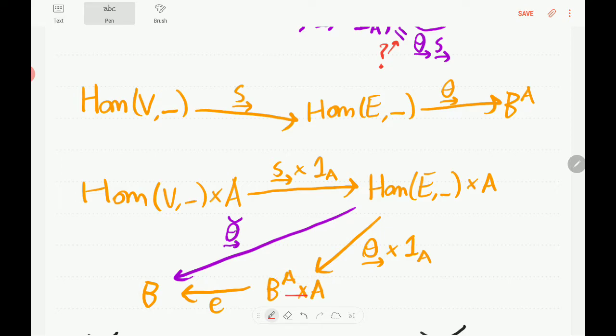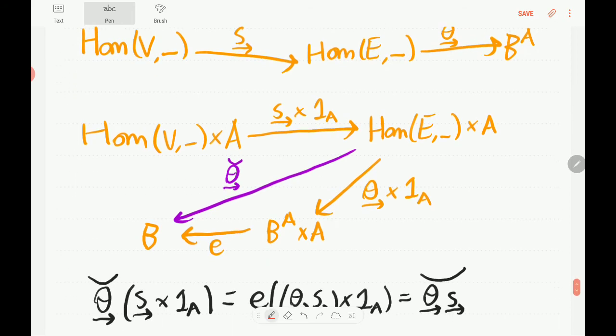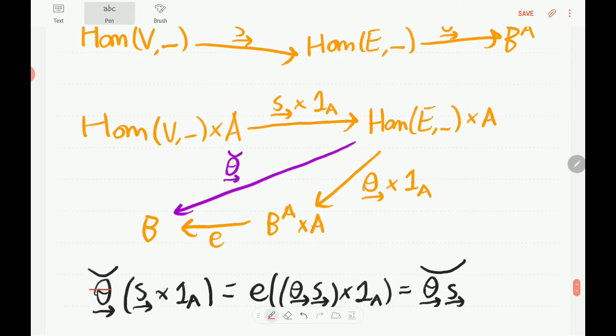Now let's do an evaluation arrow after that, because it's always tempting to think about what happens when you do an evaluation arrow on this kind of object, and that's going to get us to b. Now notice that e after theta under arrow times the identity is in fact theta under arrow anti-transposed. And so this whole path going along, we could write as theta under arrow anti-transposed after s under arrow times the identity on a.